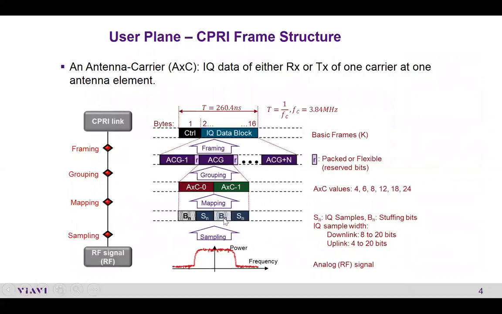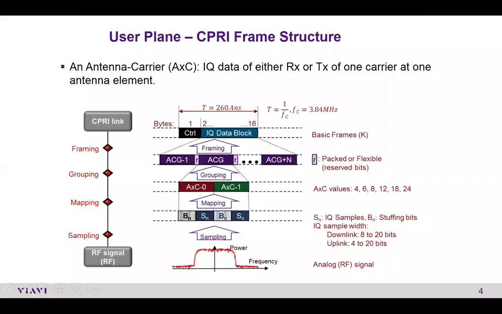So now if we look even further down here, basically it's a baseband signal that is carried inside of this. And what we have been able to do is by decoding this information, we can actually display this baseband signal as a spectrum of the baseband signal.